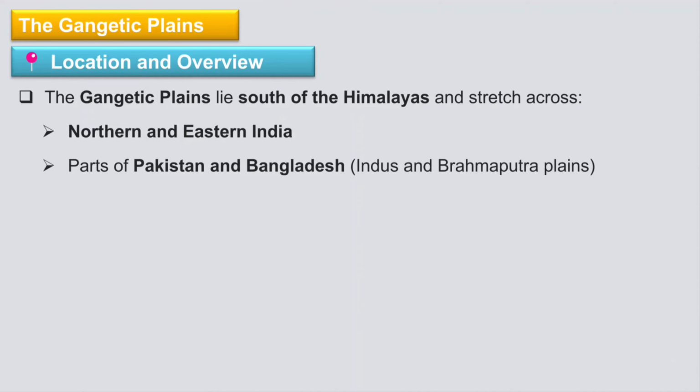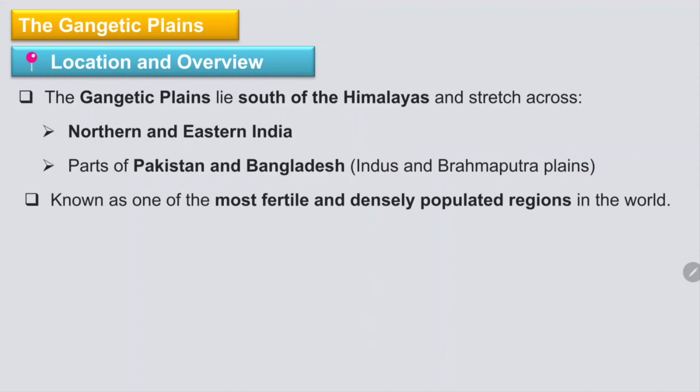So this is the Gangetic Plain, which lies in the south of the Himalayas and stretches across northern and eastern India, and you will find parts of it in Pakistan and Bangladesh as well. In Pakistan it is the Indus, and in Bangladesh you will find the Brahmaputra plains. It is known as one of the most fertile and densely populated regions in the world.